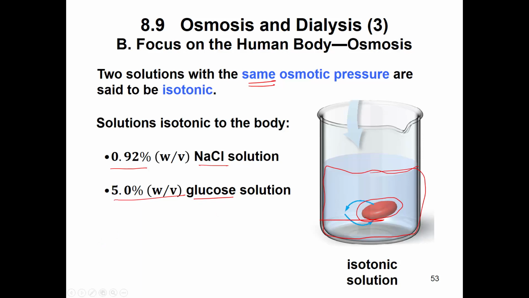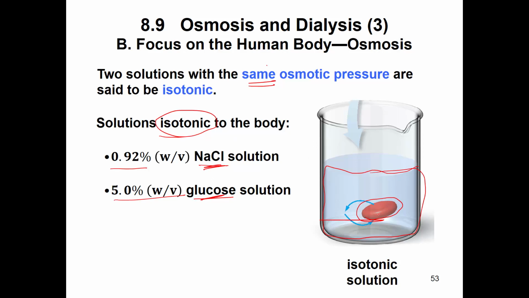And those are iso. You may have seen this in an IV if you've been in medical: 5% glucose, or some people say 1%. It's actually 0.92% normal saline. Those are the same as what's in the body. So we call those isotonic because they have the exact same osmotic pressure or concentration as what's already in our body.